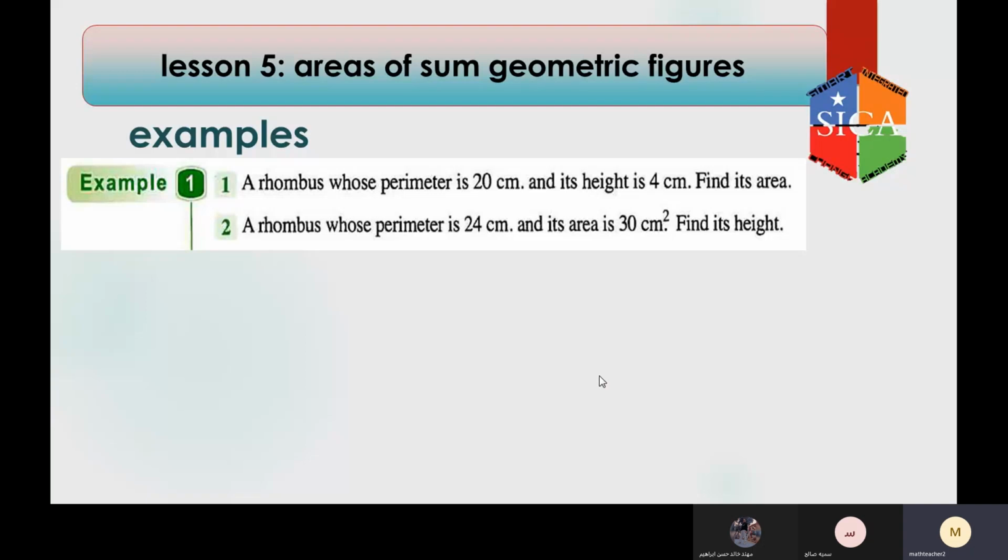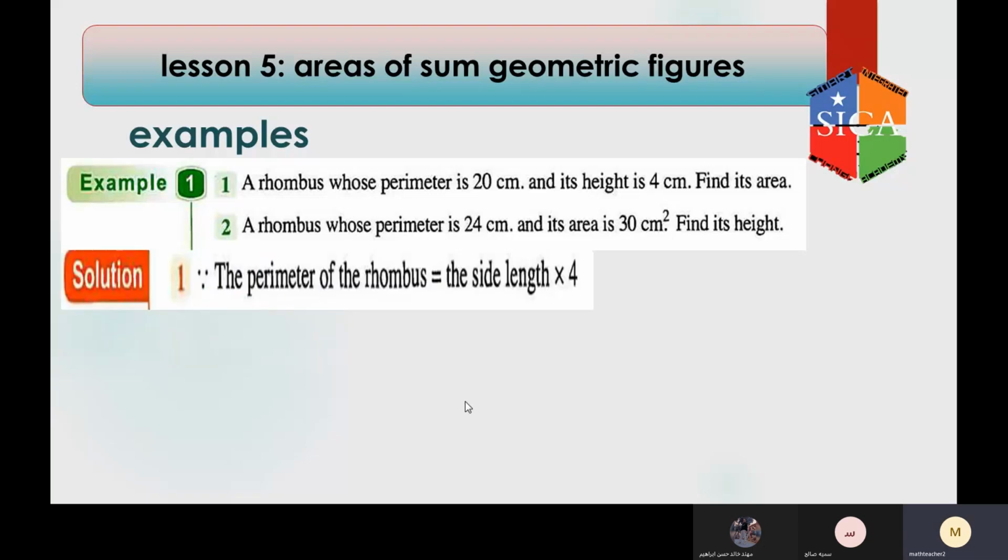But here the unit is square centimeter. The diameter of the rhombus equals the side length times 4. Then 20 equals the side length times 4. Then the side length equals 20 divided by 4 equals 5 centimeters.